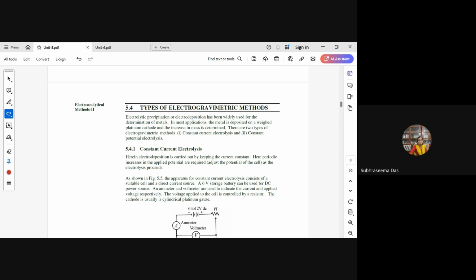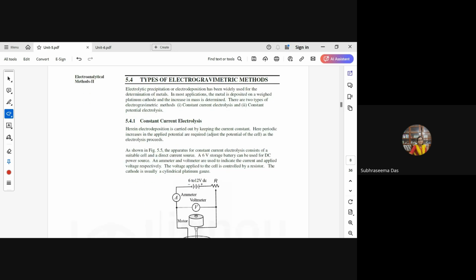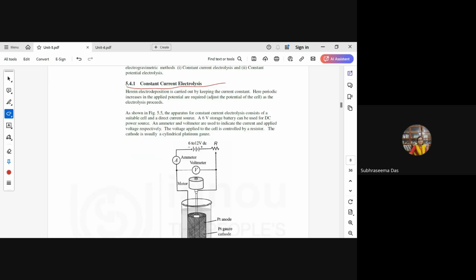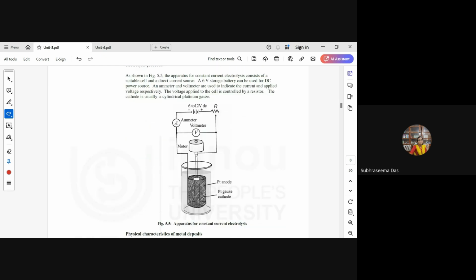Now, in general, there are two types of electrogravimetric methods, one which occurs at constant current and the other which occurs at constant potential. First, we will talk about constant current electrolysis. In this method, the experimental setup is shown in figure 5.5.